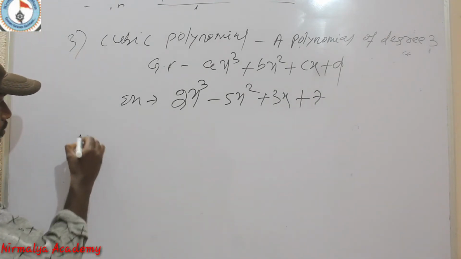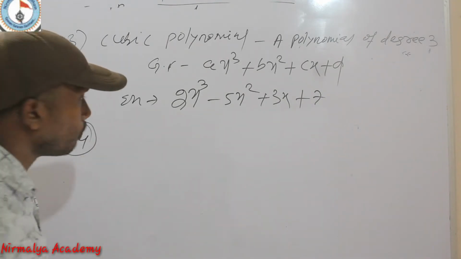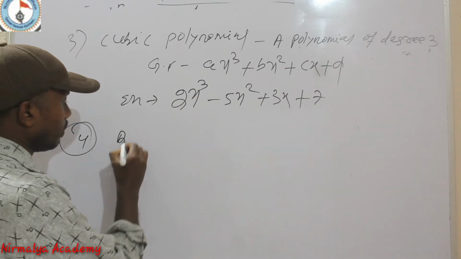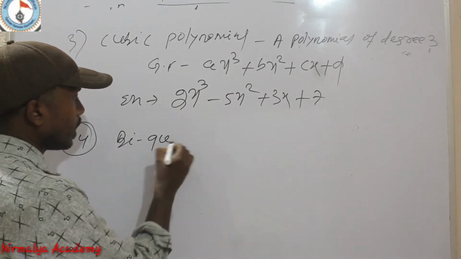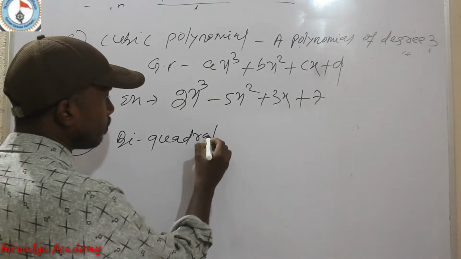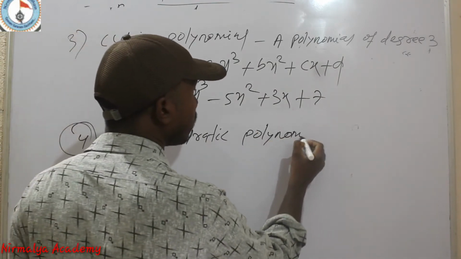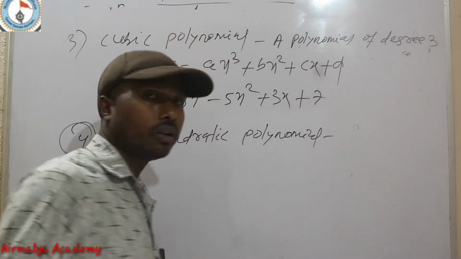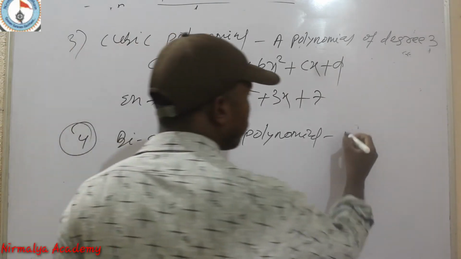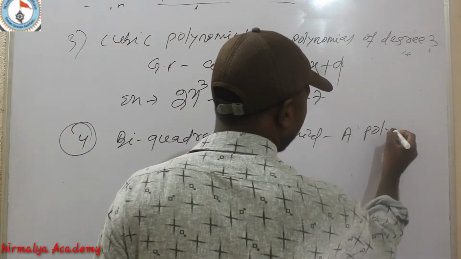Next, fourth one, biquadratic polynomial. That is a polynomial of degree 4.